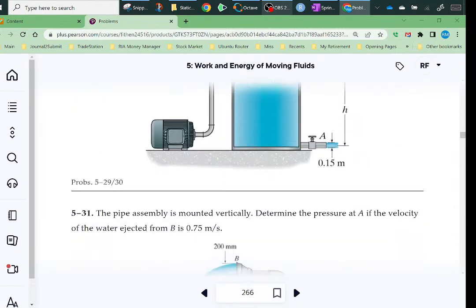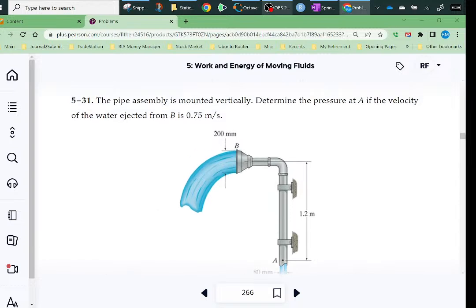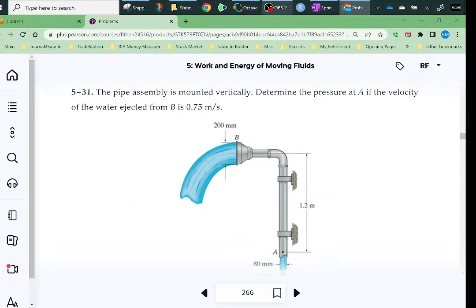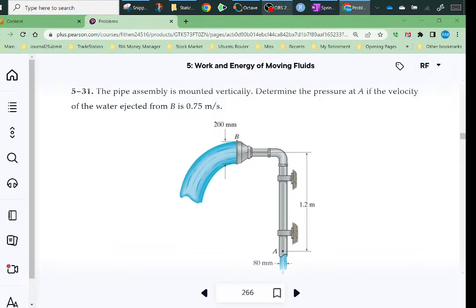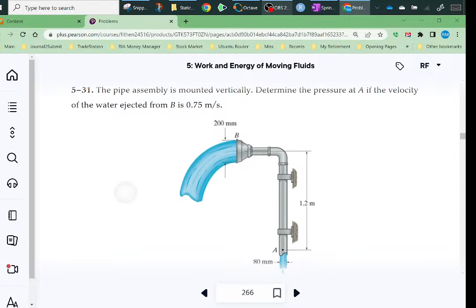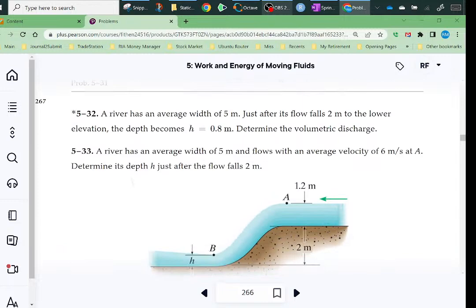I'm going to find one with a, well, let's see. That one looks reasonable.